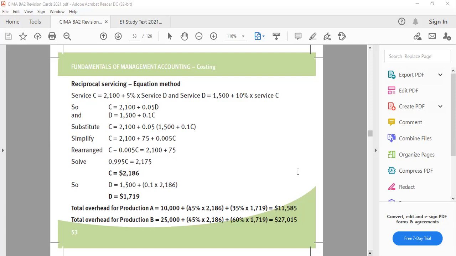1 minus 0.005, so we have it here as 0.995 D is equal to 1710. So D is equal to 1710 divided by 0.995.